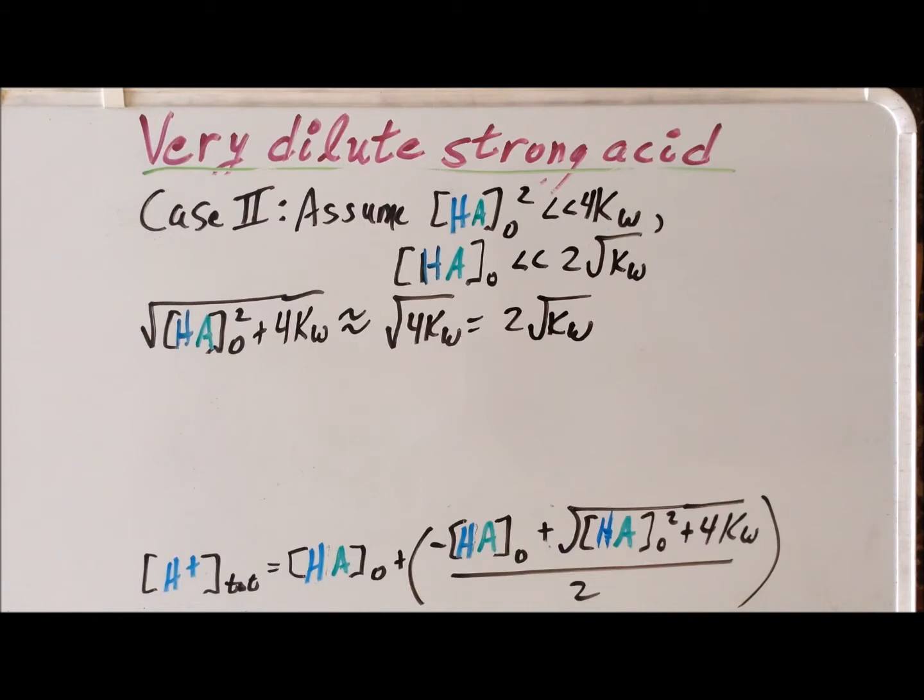So now the term underneath the square root is equal to 2 times the square root of kW.